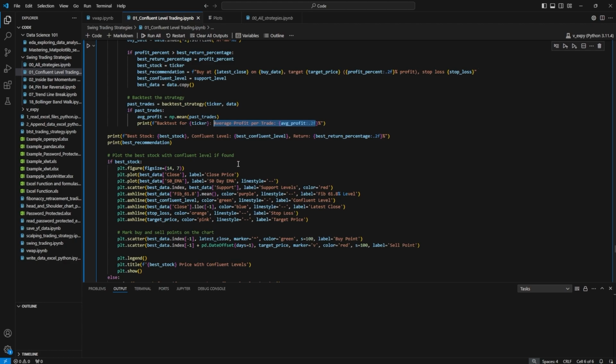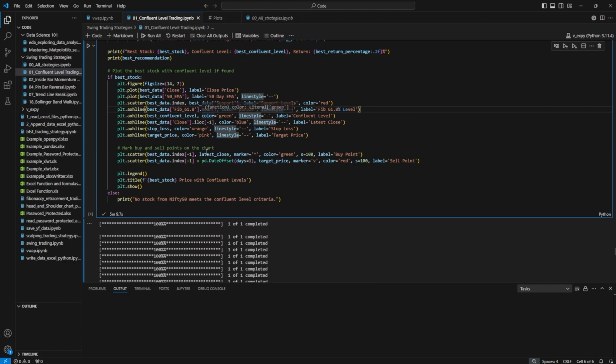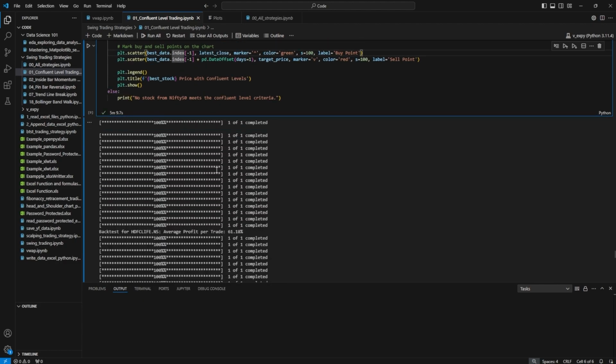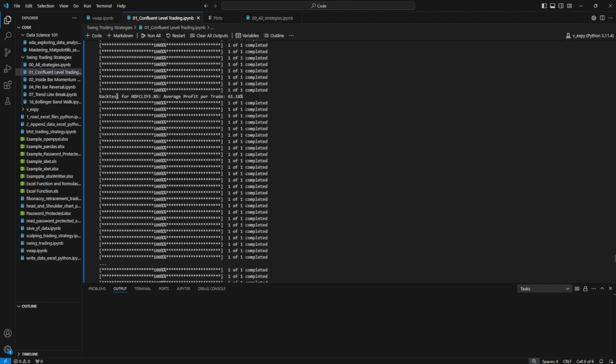I will show you the output as well, and then we are creating a plot with all those annotations marked on the plot. So this is how the code will be running, and then the data download starts. It is backtesting for HDFC Life, which is giving us 61.18% return, which is really good.